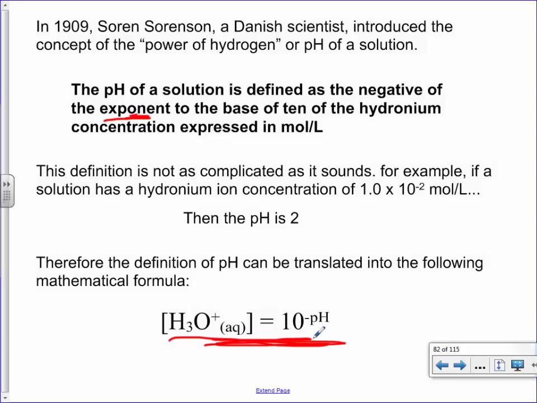This is the formula, which is why we called it pH, powers of hydrogen, because right up here in the corner, this is supposed to be an exponent, by the way. This is like 10 to the power of negative pH. Like this is an exponent.